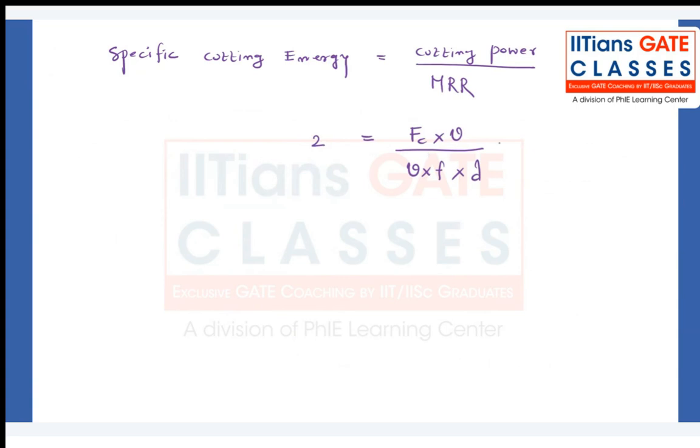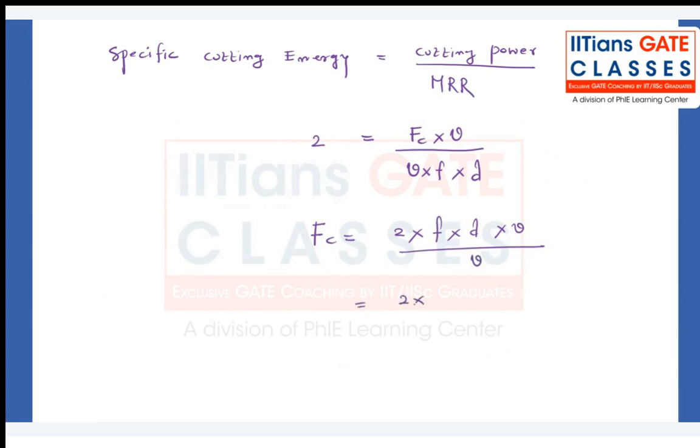Now here the speed is given in meters, so we just multiply with 1000. Now I can write Fc is equal to 2 into f into d into V divided by V. Now V will get cancelled.